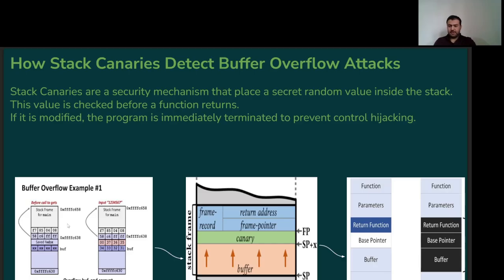On the right side, the program receives input that is larger than the buffer size. Because the input is too large, the extra data starts to overflow into nearby memory.